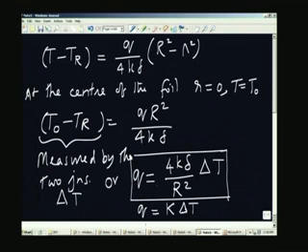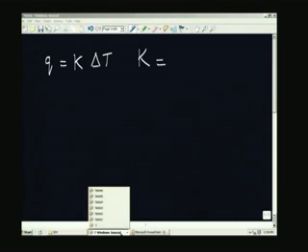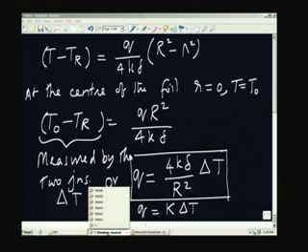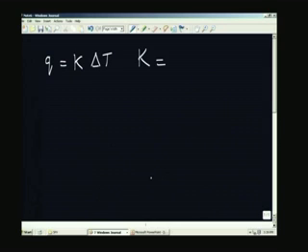So, we can just recapitulate and put it in the next slide. Q is equal to K delta T, where capital K is nothing but 4 k delta by R squared, the gauge constant.